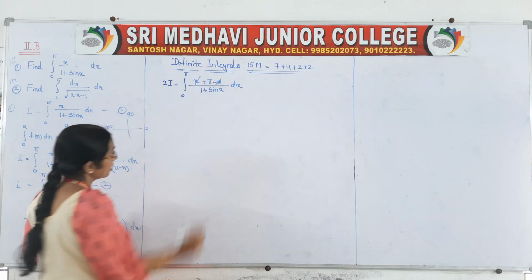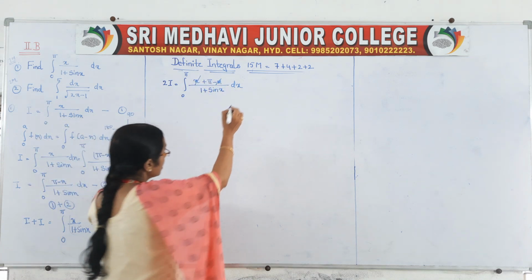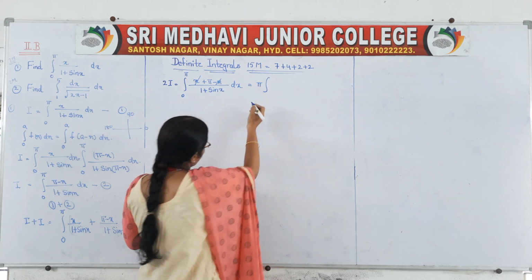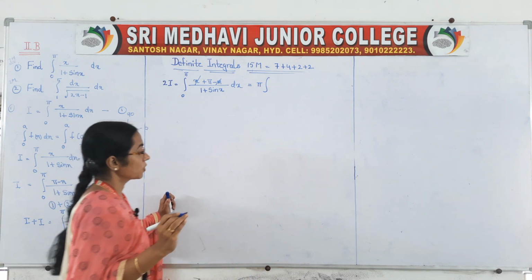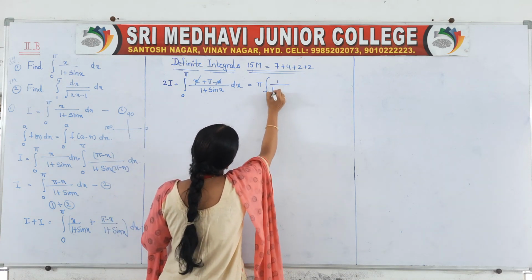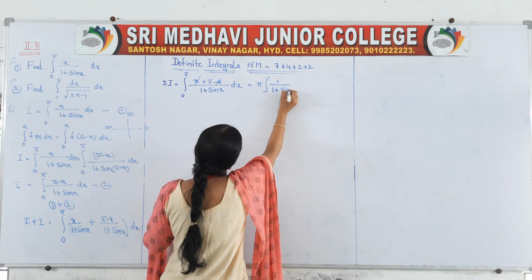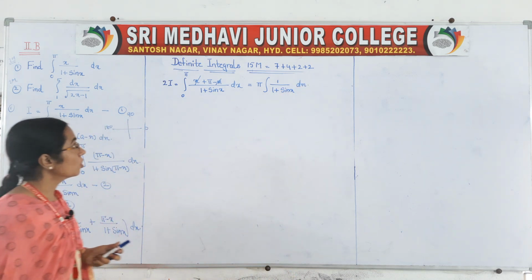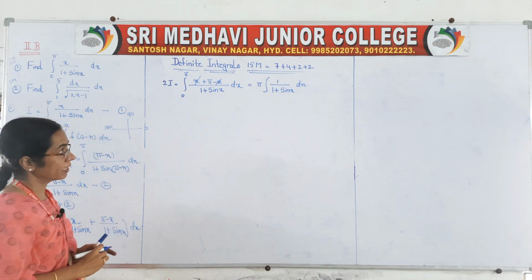Here x minus x cancels, and whenever a constant is there inside the integral, we will take that constant outside, right? So it is pi times 1 by 1 plus sin x into dx. Okay, so 2i is equal to this value.